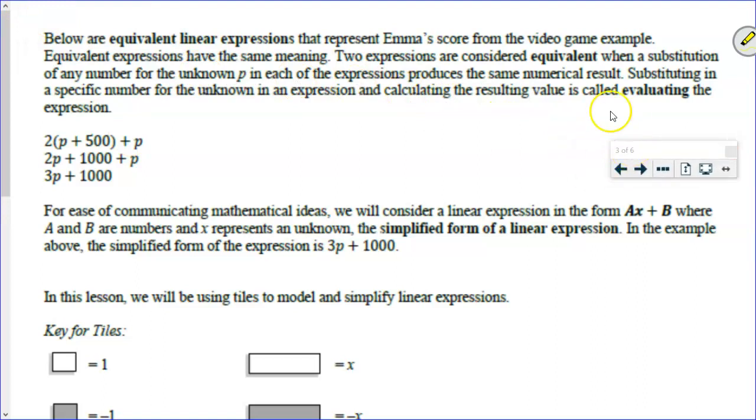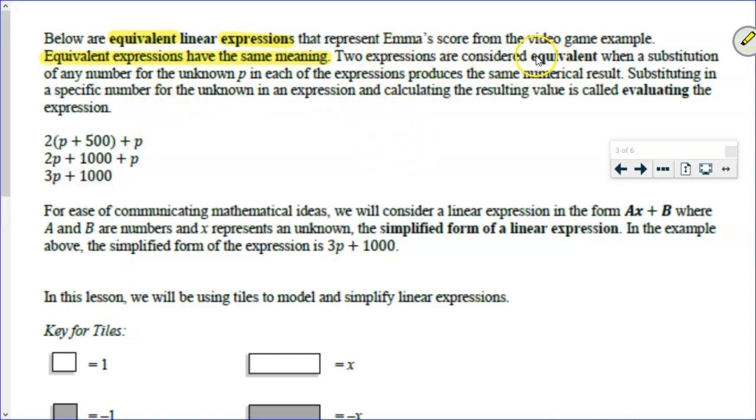We also have below some equivalent linear expressions. These equivalent expressions represent Emma's score from the video game example. Equivalent expressions have the same meaning. So as was discussed up front, are they both right? Yes. They're both equivalent. They both represent the same thing.